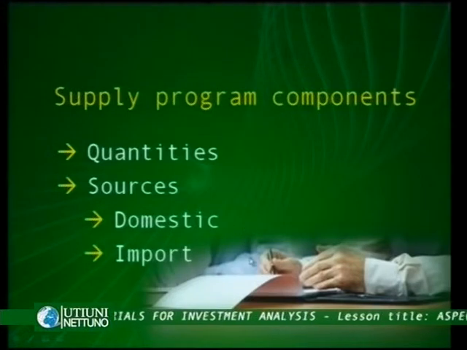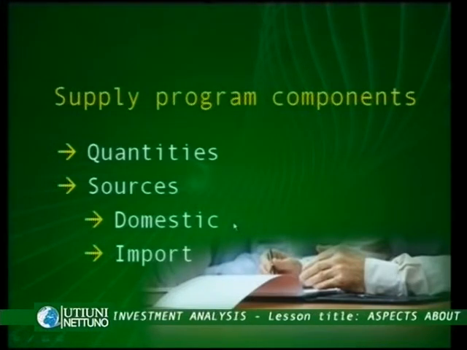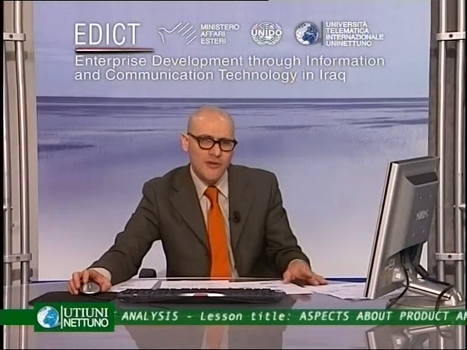So the distinction between domestic and import is not just about the nature of our supplier, but calls for an analysis of the distance between the different locations. So it's not just the price of the single component, it's also about the costs which are closely related to this kind of supply.